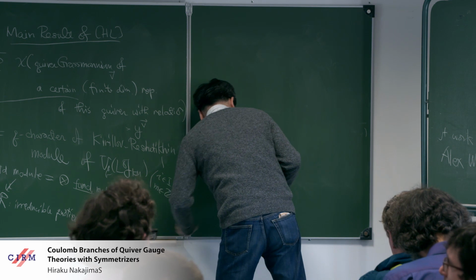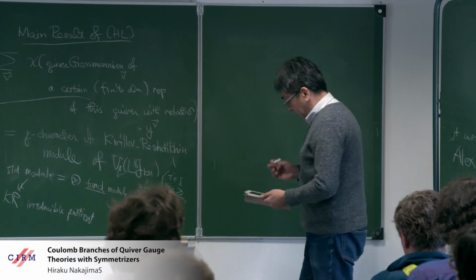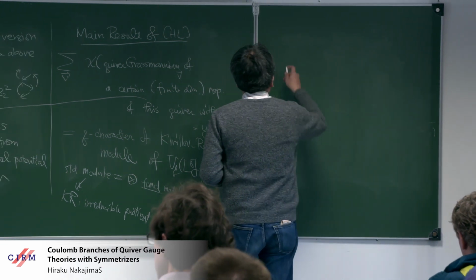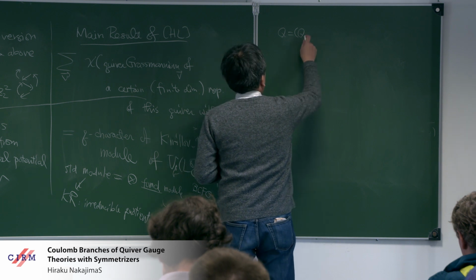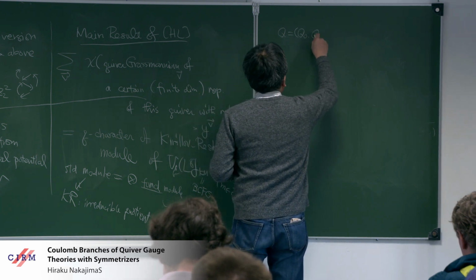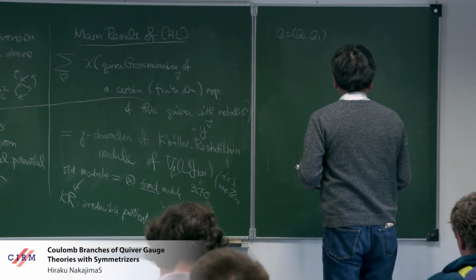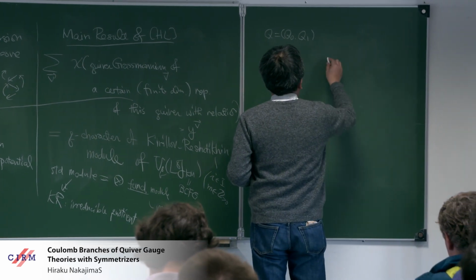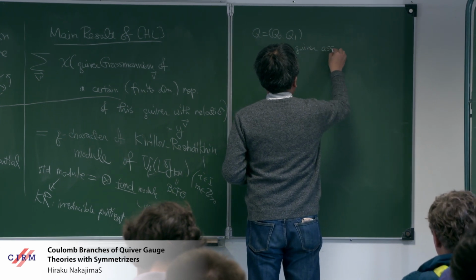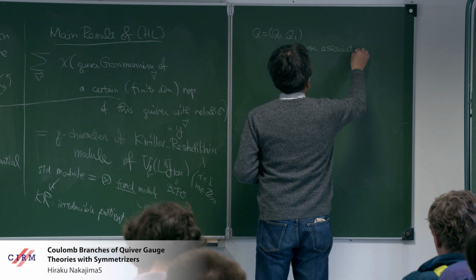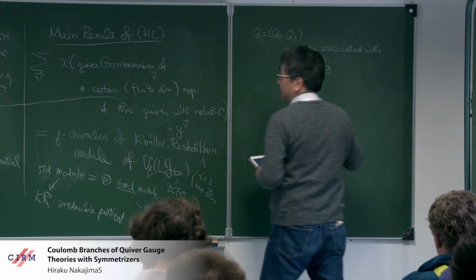So I switch to the Coulomb branch side. I start again. This is a quiver associated with F_ij, which I just erased.